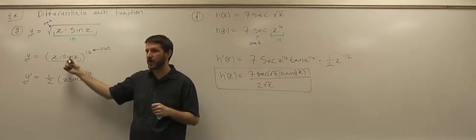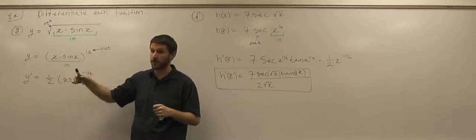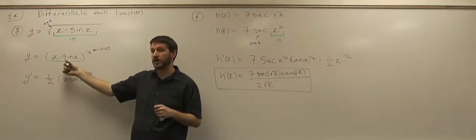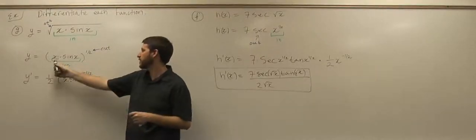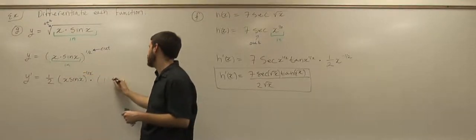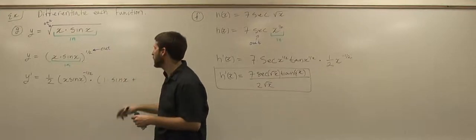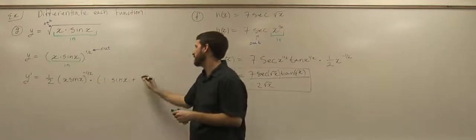How do you do the derivative of a product? Product rule. Yeah, so you have to do the product rule on this, right? So if we do the product rule, you would do the derivative of the first times the second plus the first times the derivative of the second.